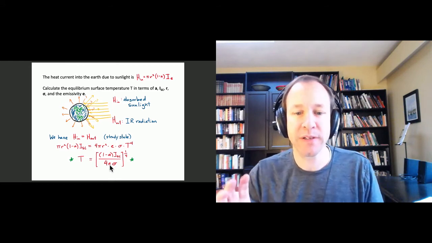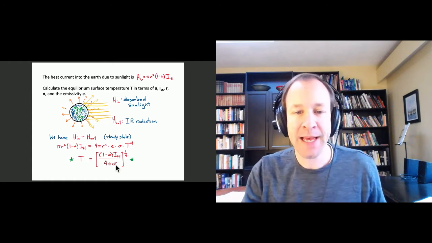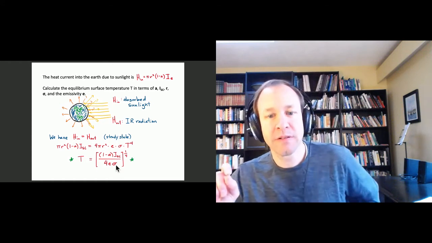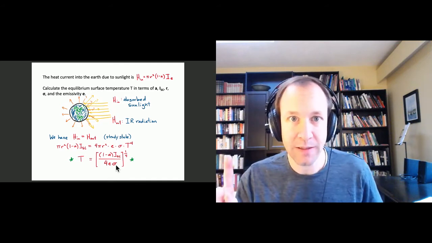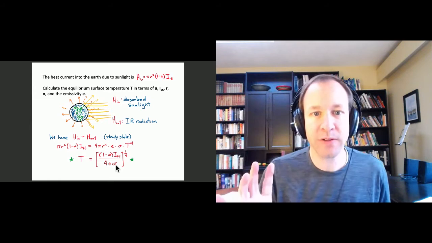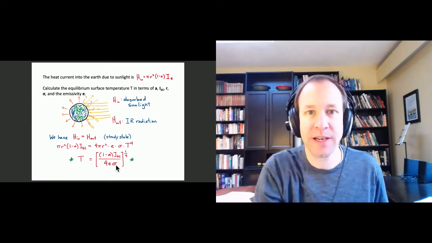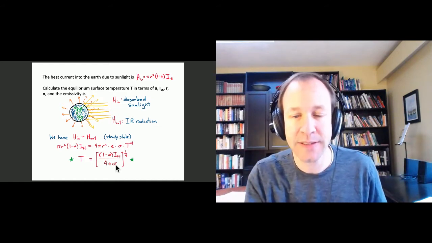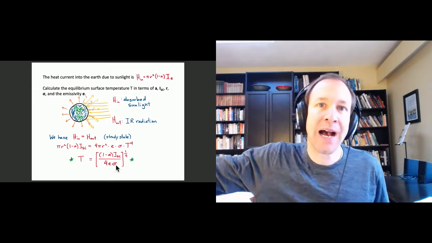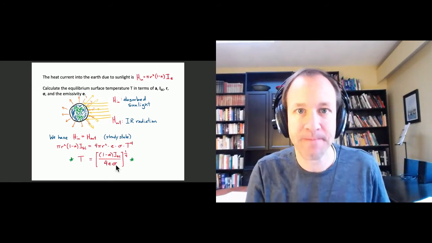Okay, so what we're going to do now is actually calculate some numbers here. And first, what I'm going to do is assume that the emissivity is 1. Okay, and so this would be true if our Earth had no atmosphere. If we just thought about the surface of the Earth with the oceans and the rocks and the plants, and we asked, how good are those materials at absorbing infrared radiation?